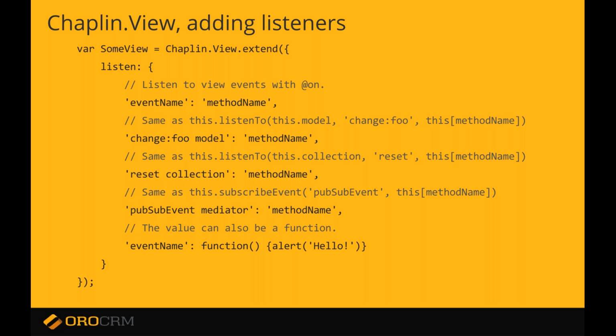So we define a listen object, and here we define what event name and what method has to be executed once the event happens. We can subscribe to the model: in the key of the object we have change foo and say that this event is bound to the model, the reset event is bound to the collection, and the publish subscribe event is bound to the mediator.